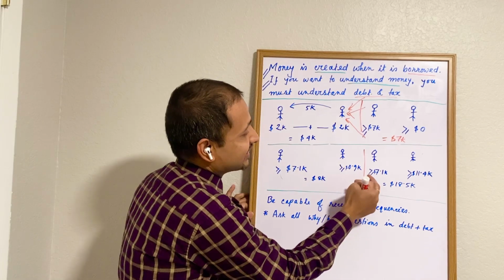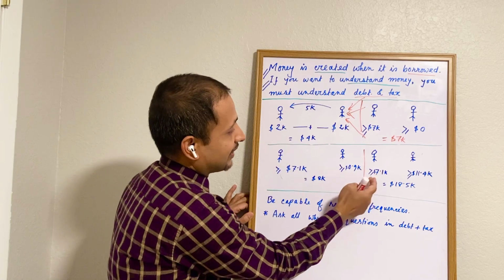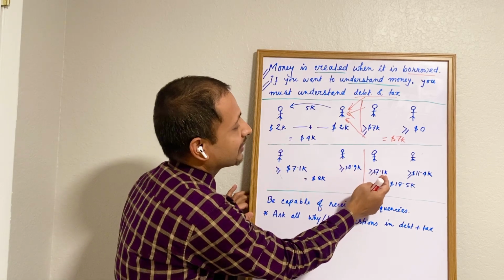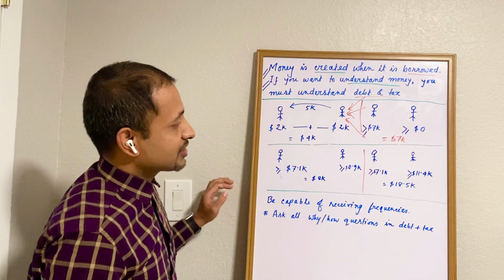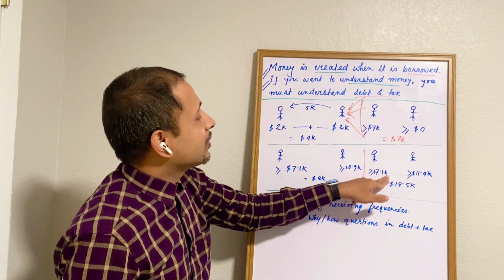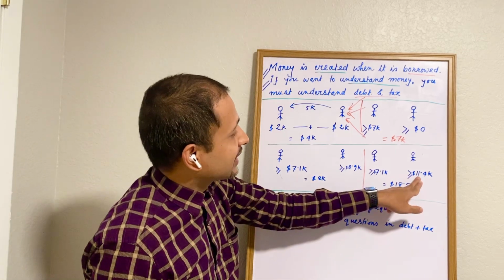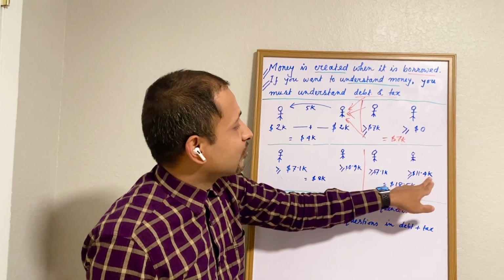That's why I put greater than or equal over here. If he makes no profit, he has $7.1 thousand, and this person over here has $11.4 thousand.